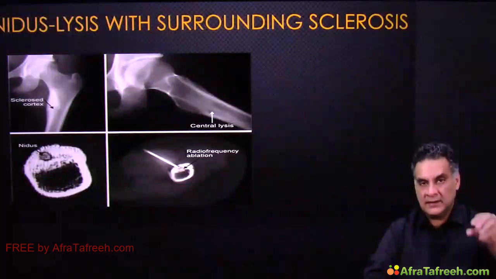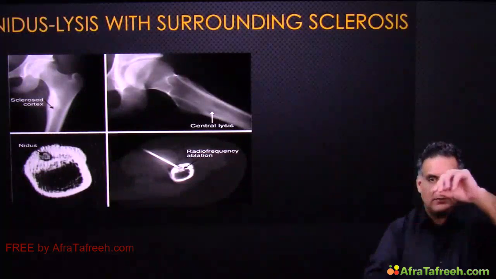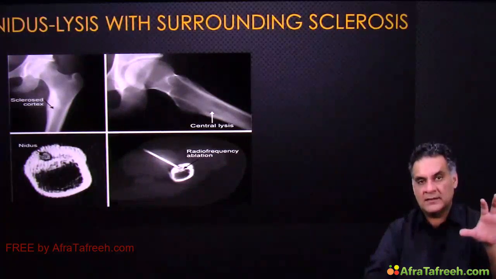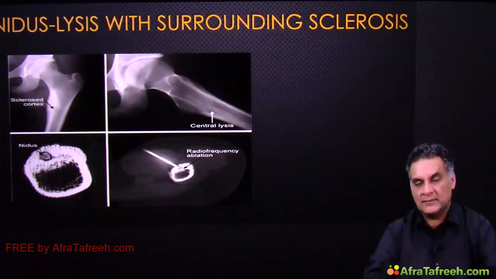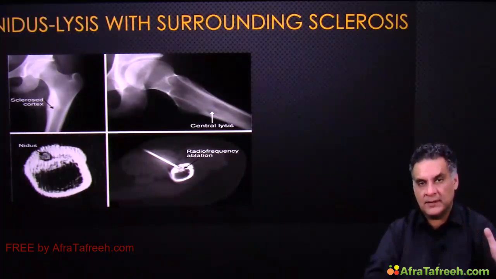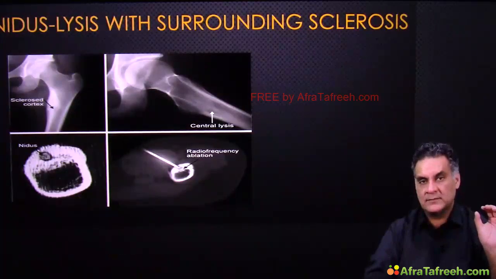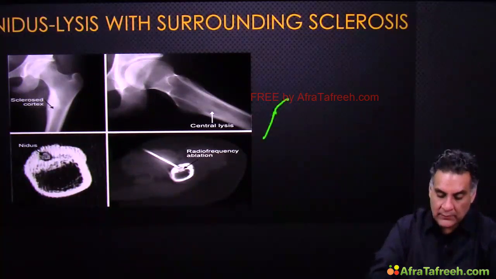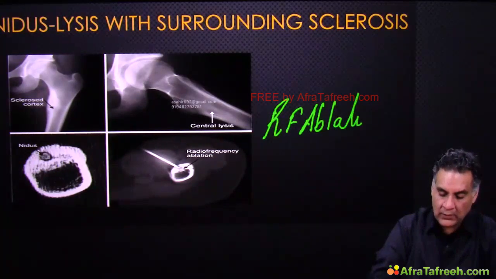Nidus is a lysis in the center surrounded by sclerosis. It will have both osteoblastic and osteolytic cells. Osteoid osteoma is in the cortex. CT scan is important for it. It can be treated by radiofrequency ablation or by excision.